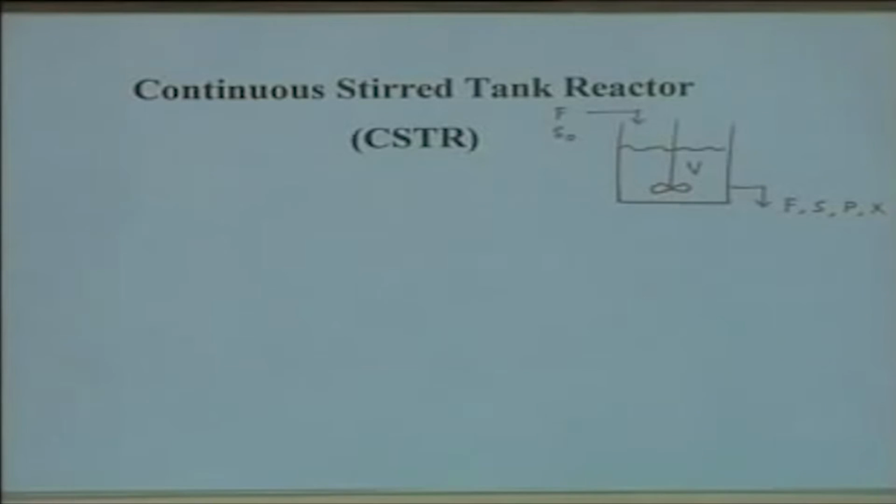The next simple form of reactor system which is commonly employed is a continuous stirred tank reactor. Now, the continuous stirred tank reactor is a continuous flow reactor, that means the feed rate of the substrate is the same as the output rate of the product stream.